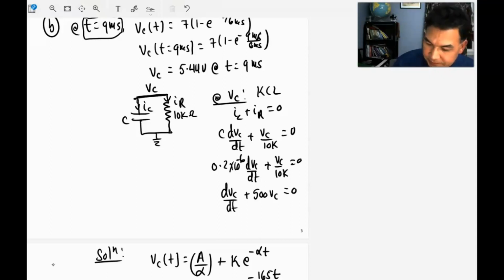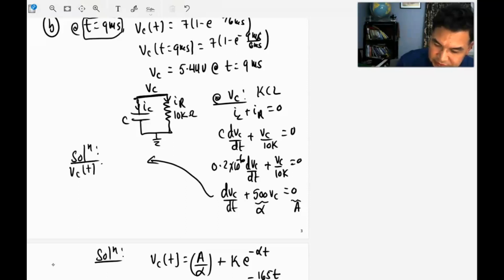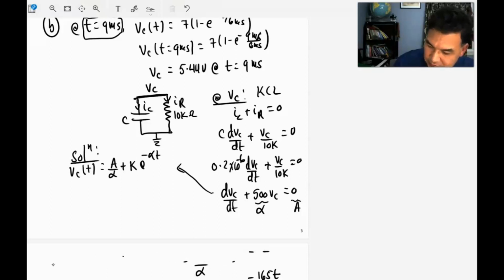Now comparing with the standard form, this is your coefficient A, this is your coefficient alpha, and we know the solution of this type of differential equation is VC(t) equals A over alpha plus K e to the minus alpha t. But since the coefficient A is 0 here, this is just K e to the minus 500 t, because alpha is 500.